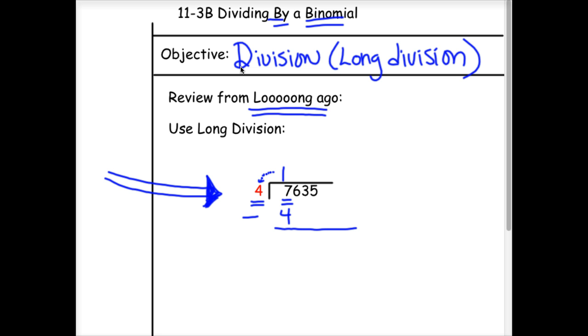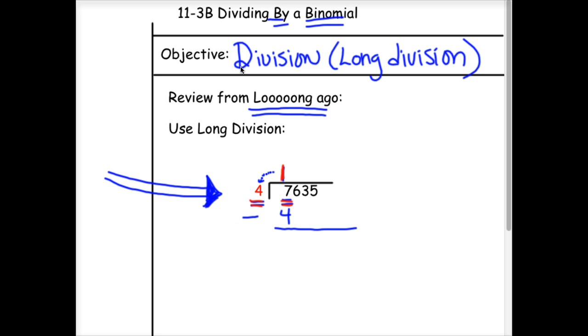When we have our polynomial long division, it's going to start off identically. We are going to take what is farthest to the left, and we are going to divide them. We're going to write that down right above here.